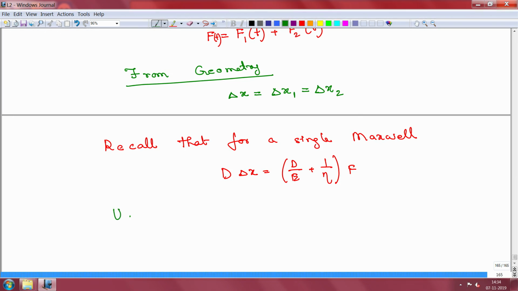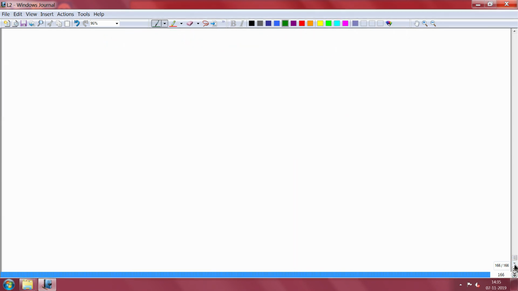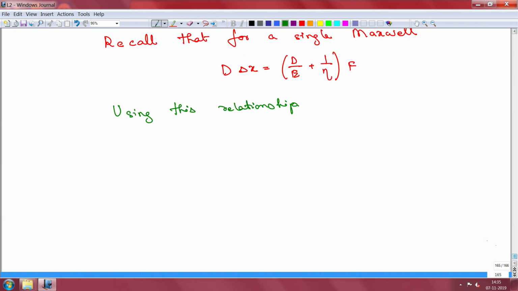So, using this relationship, we can say that d by E1 plus 1 by eta 1 times of F1 is equal to d of delta x1.